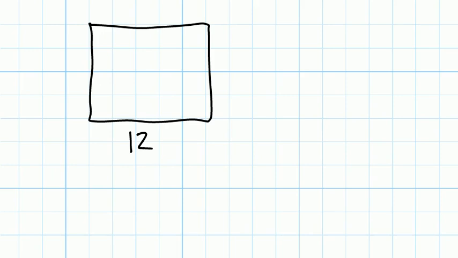So for the first, let's do a rectangle here. And let's say that this side is 12. And we'll say that this side is 10. So to find the area of a rectangle, we'll call 10 the length and 12 the width.